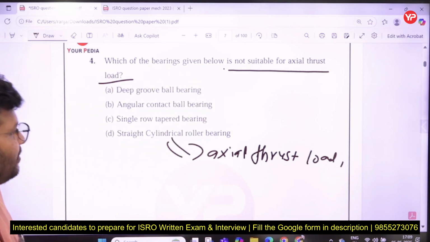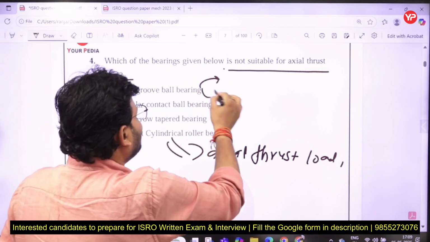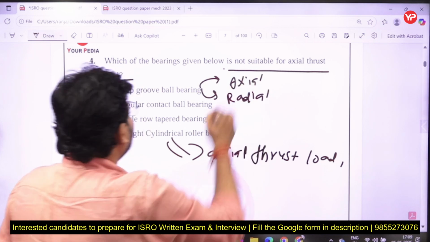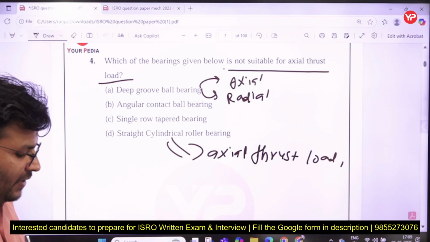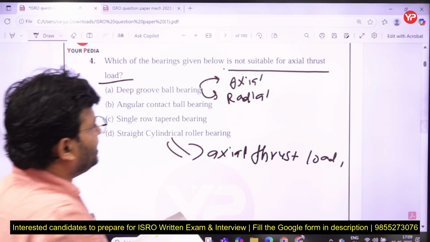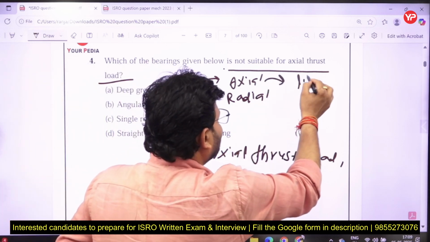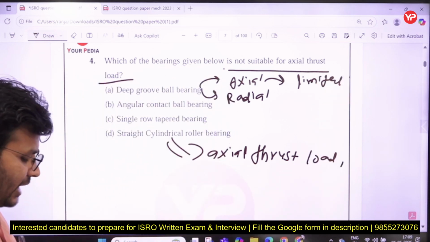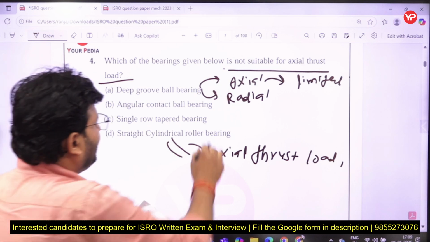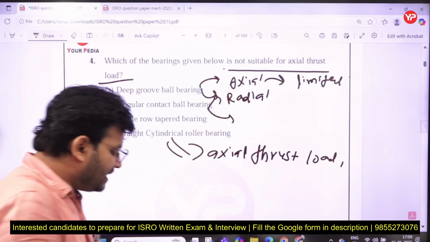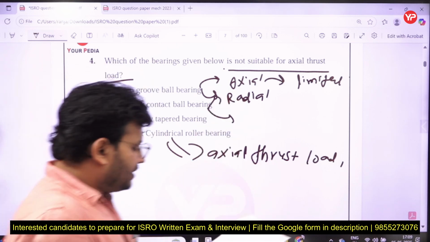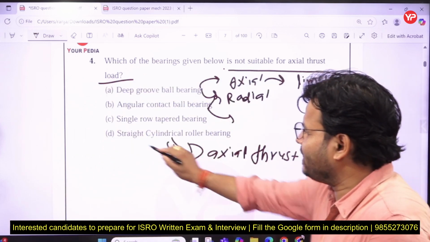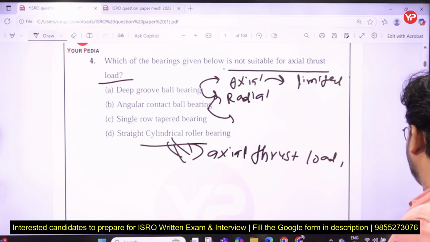Deep groove ball bearings can take both axial and radial load, but the axial capacity is limited. An angular contact bearing can also take axial as well as radial load, but generally a tapered roller bearing is used here. So just keep in mind that the straight cylindrical roller bearing is not suitable.